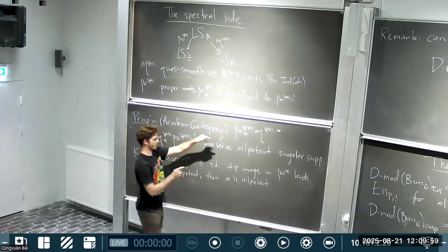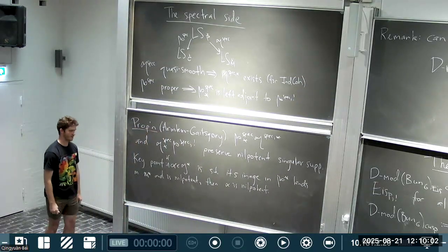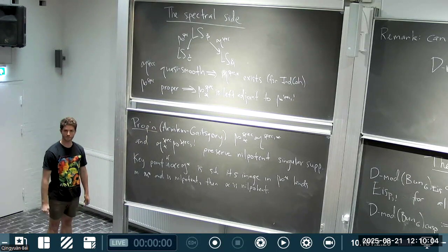This is what you need, I think, to show that P spec lower star preserves nilpotent singular support. That's the only place that you actually have to check.